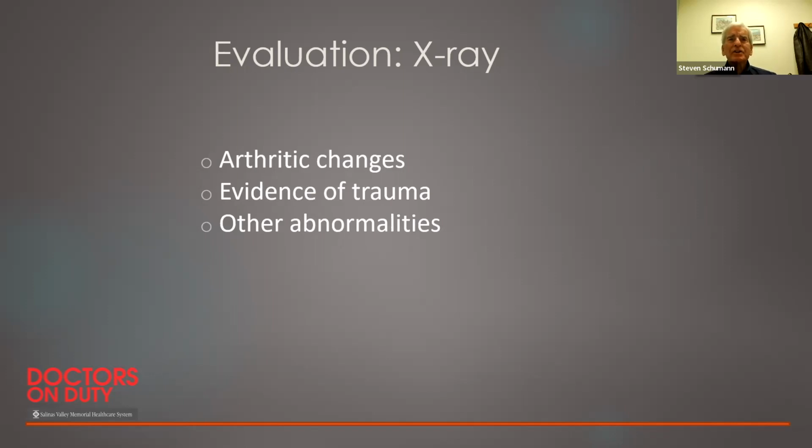So X-rays can be useful in terms of excluding other not considered conditions or including those among our differential diagnosis. So most of the time we get an X-ray of the body part that's involved.